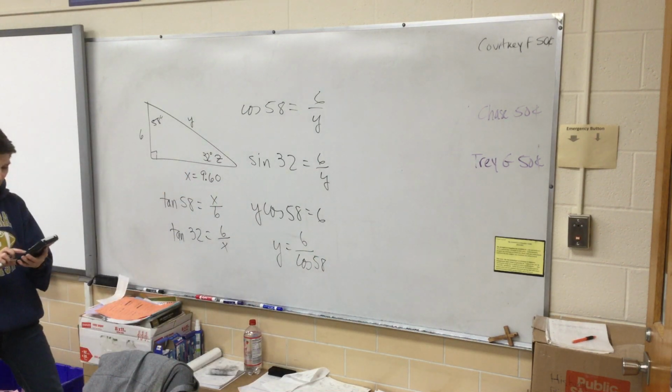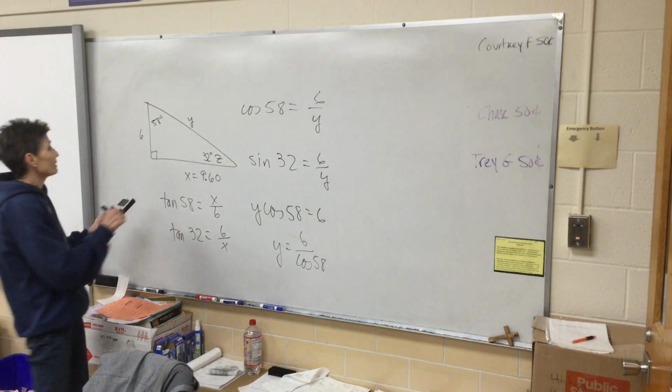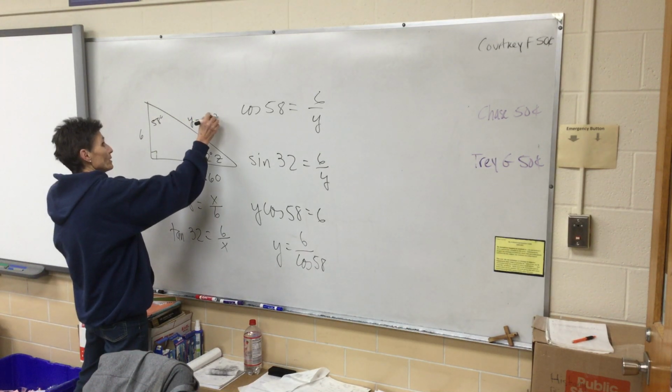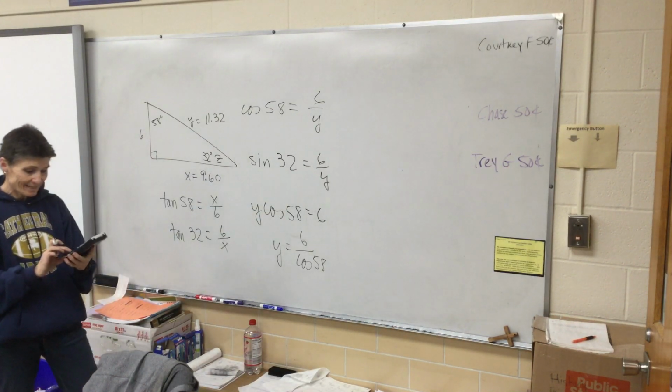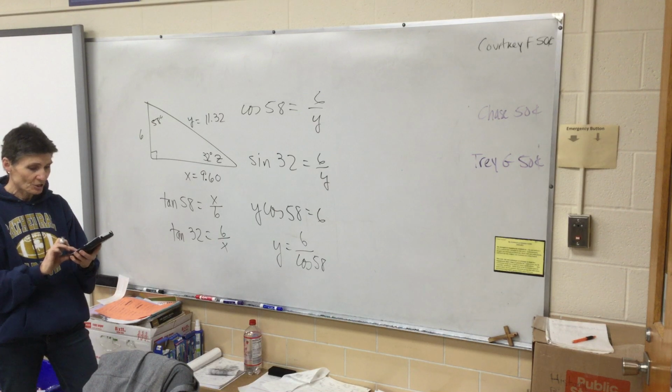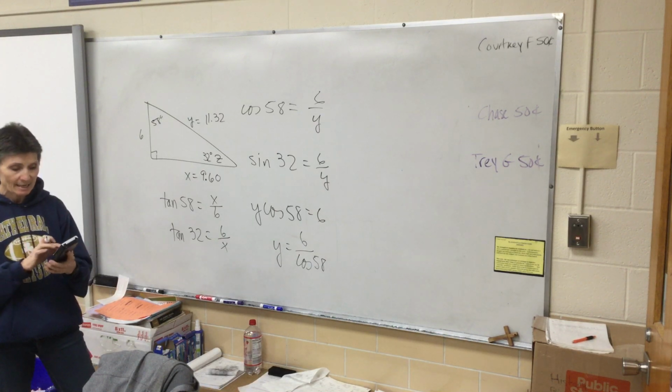So 6 divided by cosine 58, and for y, I got 11.32. Try it. If you did 6 divided by sine 32, you're going to get exactly the same answer.